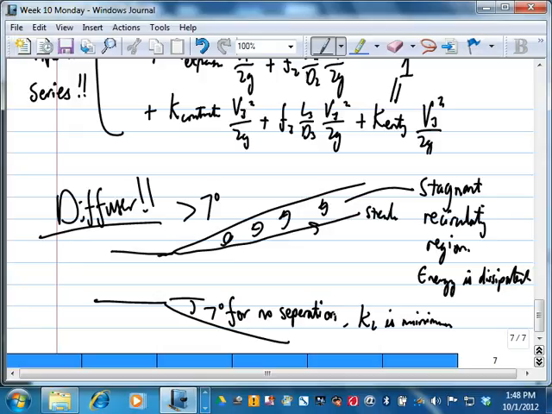Yeah, so stagnant, recirculating. Recirculation. Alright, so the flow just goes round and round like the stagnant region. The main free stream goes out here. Alright. Any questions?